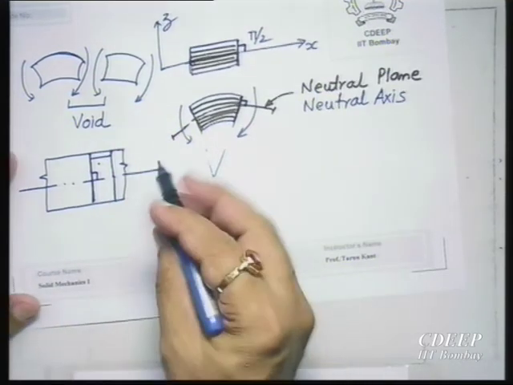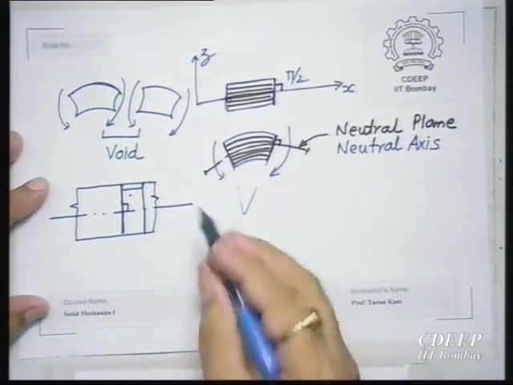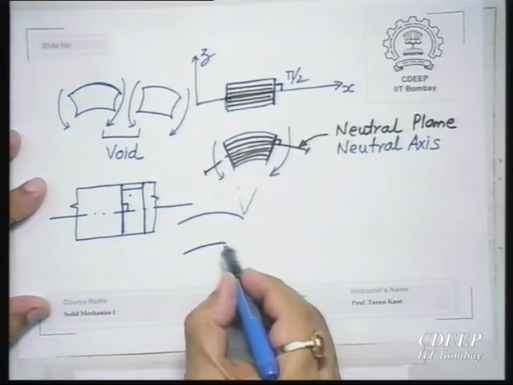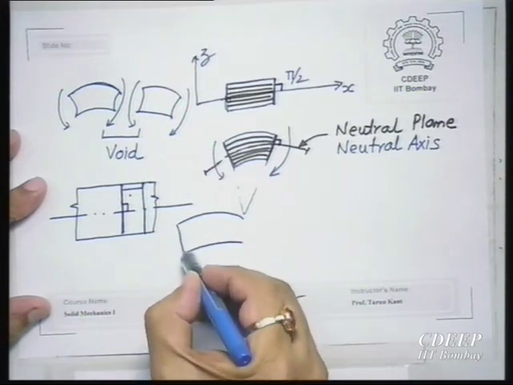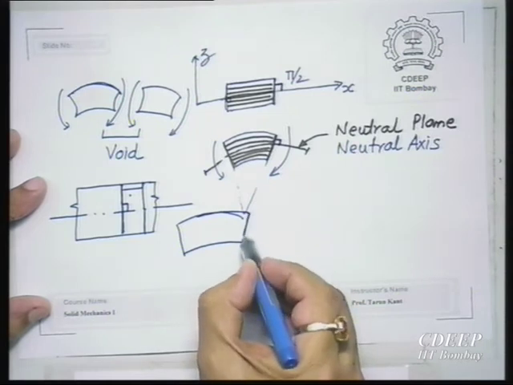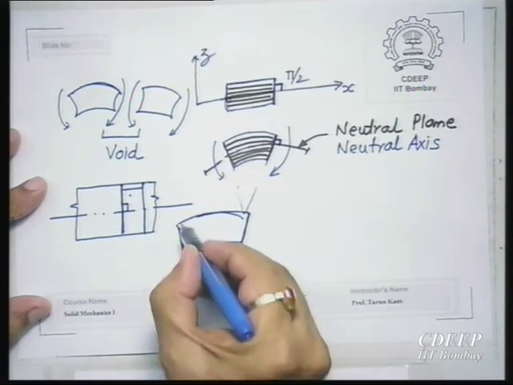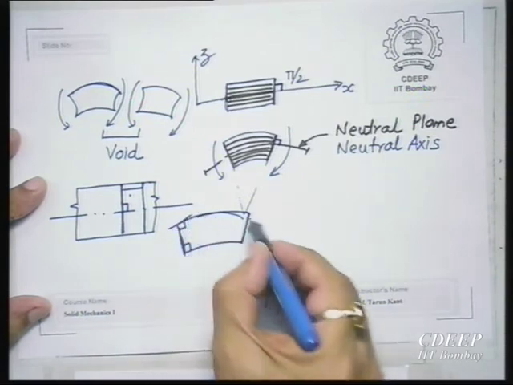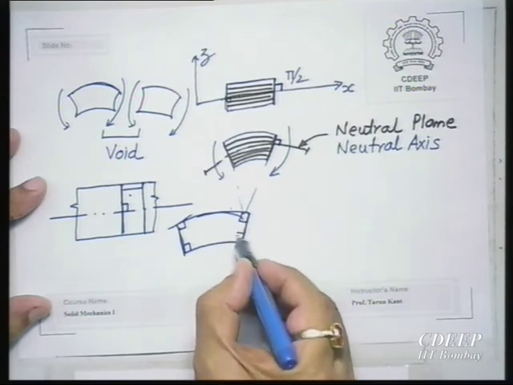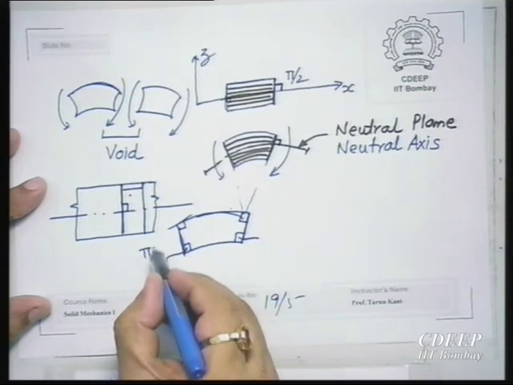After this, it bends into an arc of a circle because this is a small element, and if you draw tangents to all these curved surfaces, this angle is still maintained.